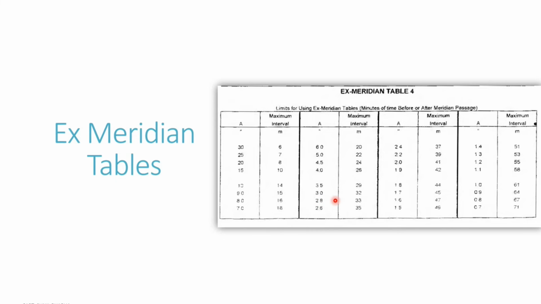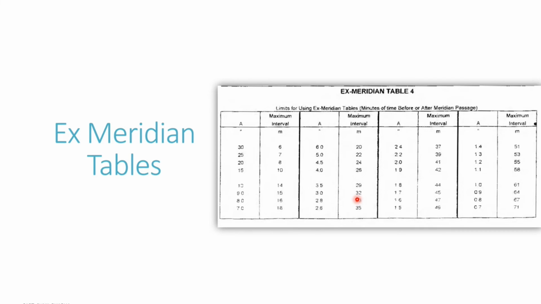So 3.0 gives us a limit of 32. This basically means 32 minutes before or after meridian passage. So it tells us that 32 minutes before MerPass and 32 minutes after MerPass is the time period in which the MerPass method, the Ex-meridian method, can be used.